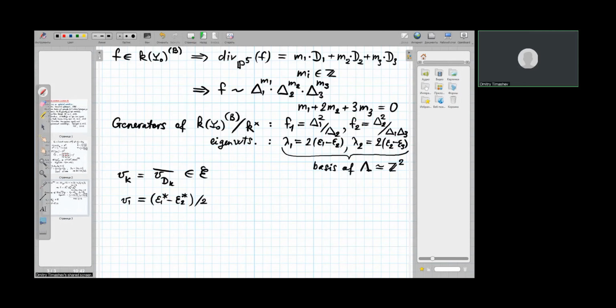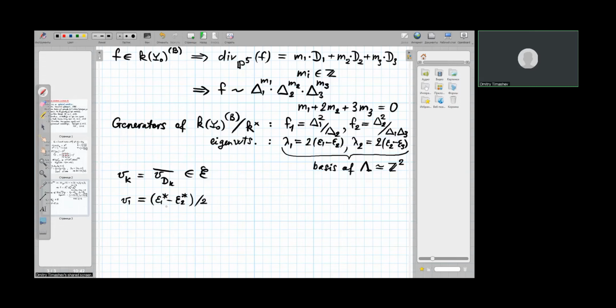So lambda is a sublattice in lambda of T, and the dual lattice lambda star is the quotient of lambda of T star. So when I write like this, I take vectors in the dual lattice of lambda of T, and I have to take the quotient.